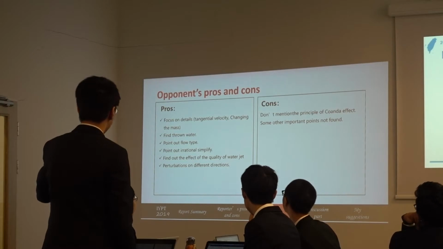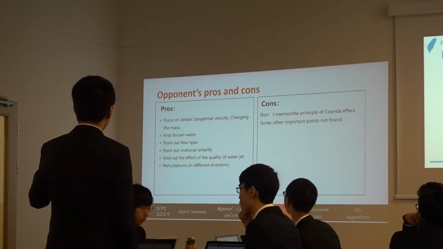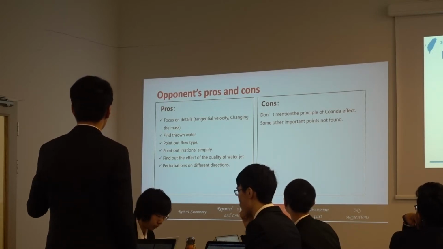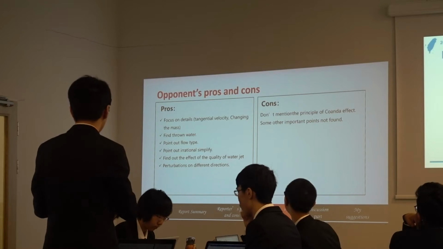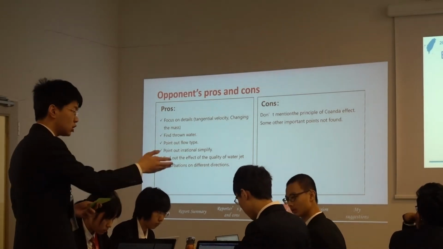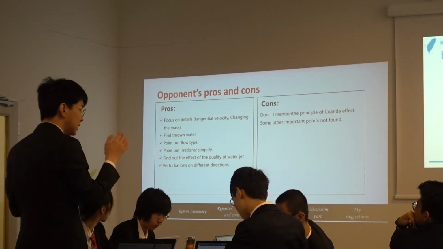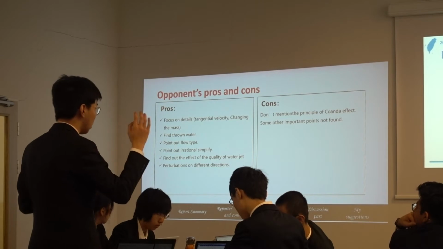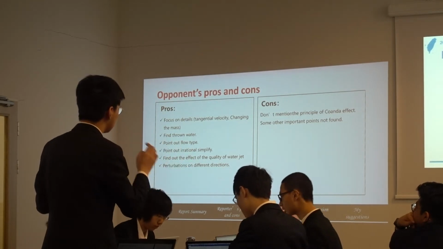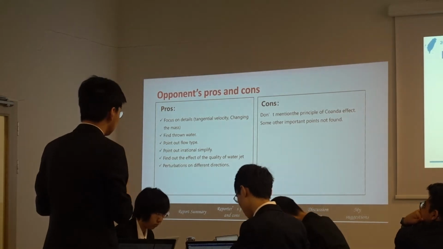He focused on many details about the flowing water, pointed out the flow type, pointed out the instability, found out the factor quality of the water jet, and perturbations in different directions, especially the third dimension, in which direction it is extremely unstable. But he knows the principle of the Coanda effect, yet he didn't mention it in the discussion.